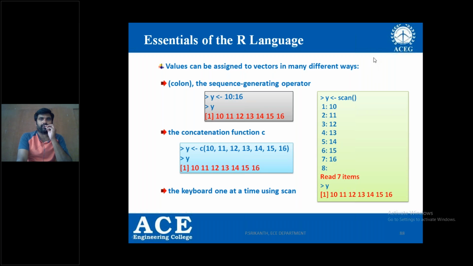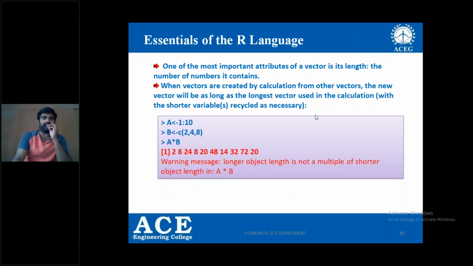Fine. So these are the very important ways to define a vector. And one of the most important attributes of the vector is what? Its length, the number of numbers it contains. Why? Because based on the length only, we allocate the memory to it while writing the program.